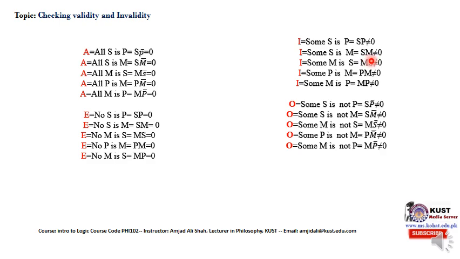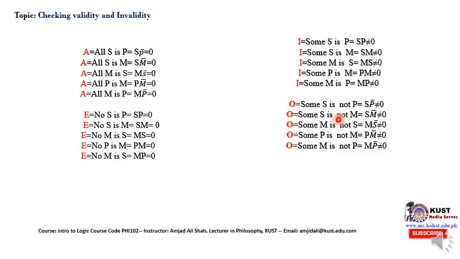It means that you are supposed to put an X in the area of SM. Some M is S, MS is not equal to 0; Some P is M, PM is not equal to 0; Some M is P, MP is not equal to 0.